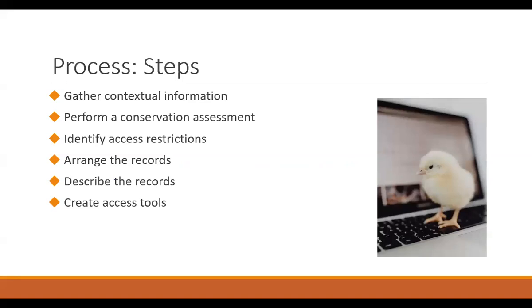Some of the information that we'll gather as we process digital records is related again to the information collected in the identify step, where we create a digital asset register. And this section will go in more in depth, but I just want to reiterate that these steps do overlap and relate to one another. So again, I'll go into each of these steps a little bit more in depth in the next couple of slides.